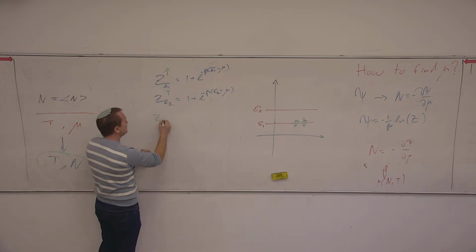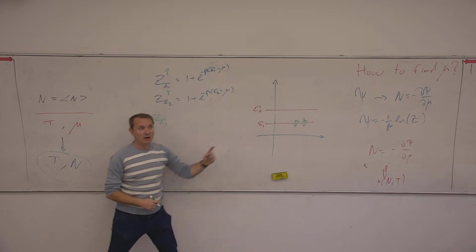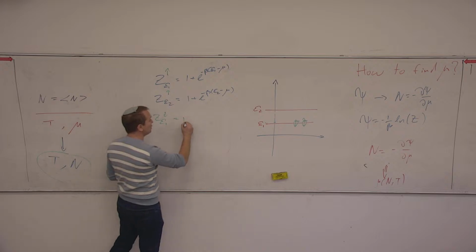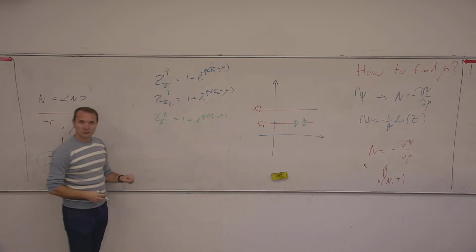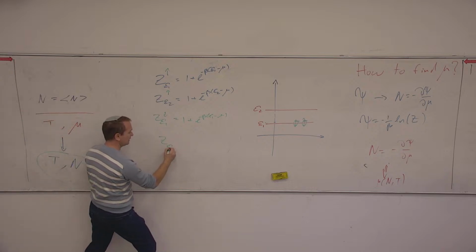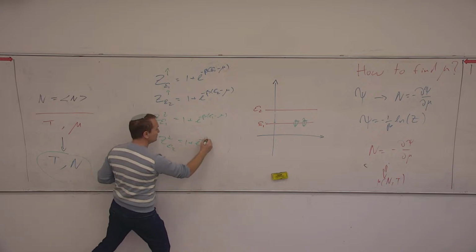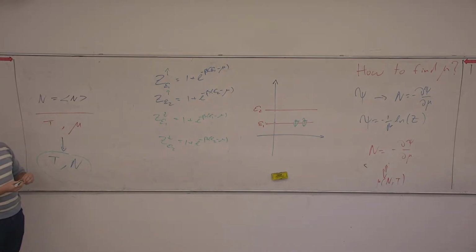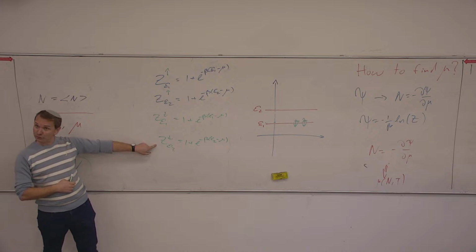Let's call them Z epsilon 1, the level with energy equal to epsilon 1, and with spins that are pointing down. So this is going to be 1 plus e to the power minus beta (epsilon 1 minus mu). It's independent of the spin. And Z epsilon 2, also with spin down, is 1 plus e to the power minus beta (epsilon 2 minus mu). So it's not multiplied by 2, it is a power of 2.